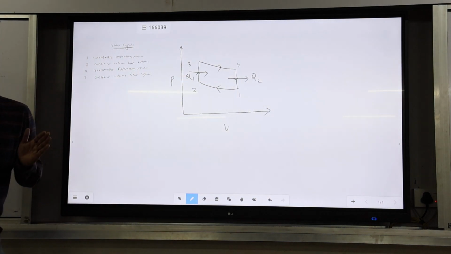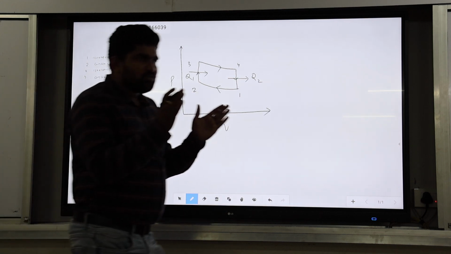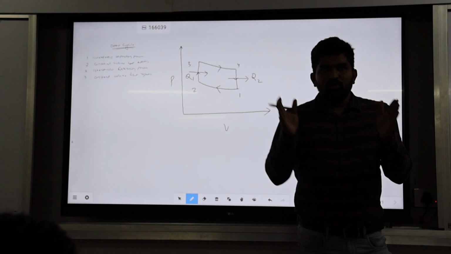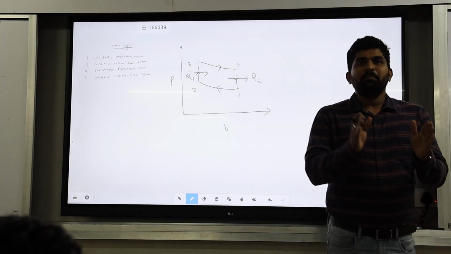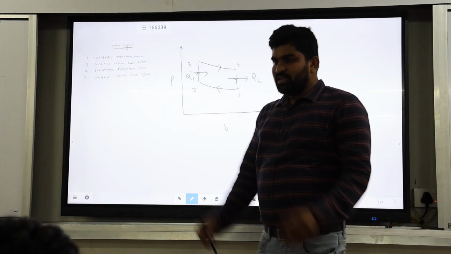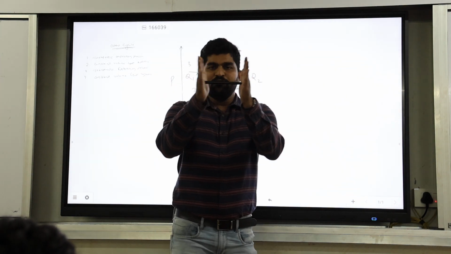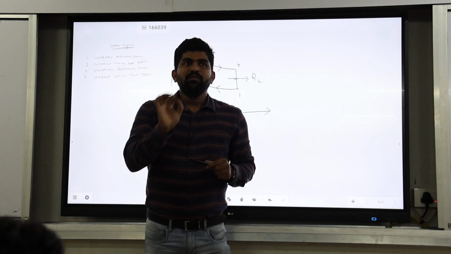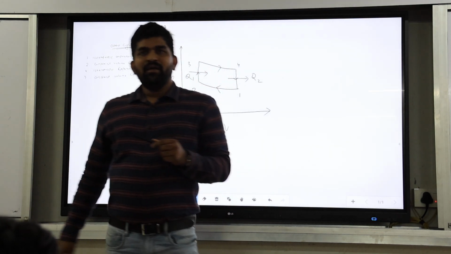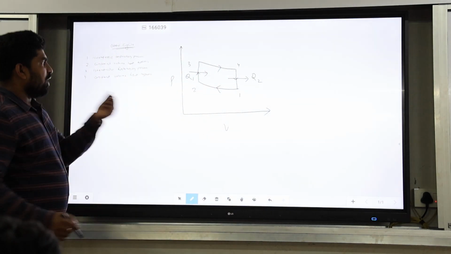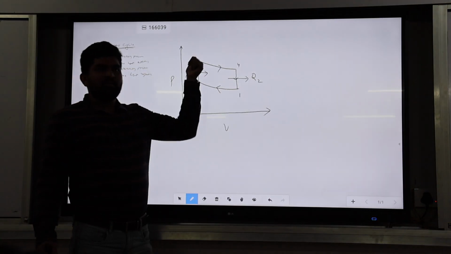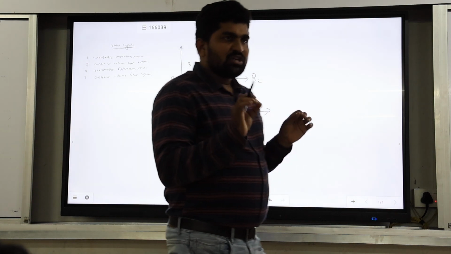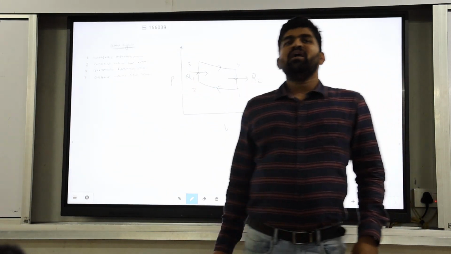So isentropic compression means when the fuel enters the engine cylinder and you compress it, the volume decreases, but the pressure and temperature increase. Got it? Then the 2 to 3 process is constant volume, where we are supplying the heat.